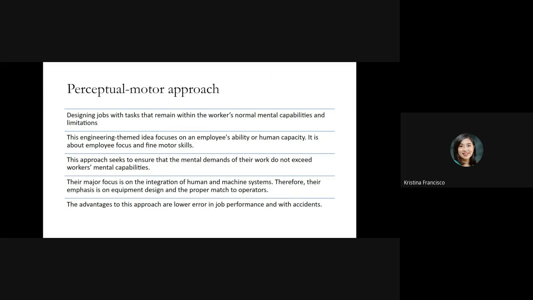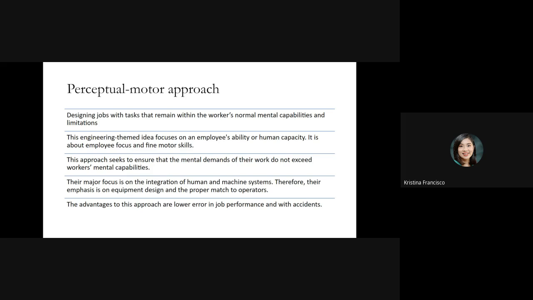So instead of trying to minimize the physical strain on the workforce, the goal is to design jobs in a way that it moderates the mental strain on the workers. This is your perceptual motor job design.